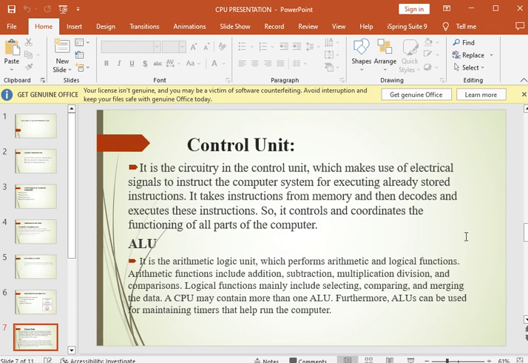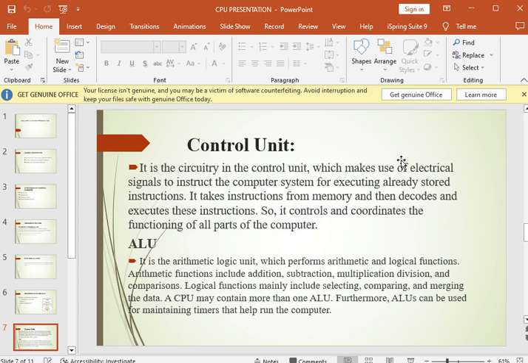Proceed to control unit. Look at each and every part of it. That is control unit. It is the circuitry in the control unit which makes use of electrical signals to instruct the computer system for executing already stored instructions.